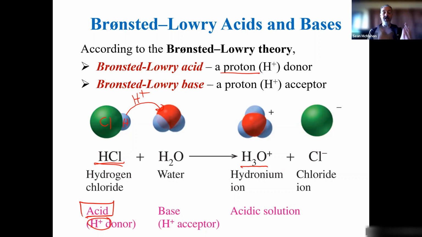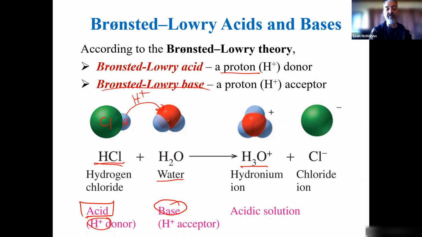But according to the Bronsted-Lowry definition, even though there's no dissociation giving me a hydroxide, like Arrhenius bases, the Bronsted-Lowry base simply has to accept the proton. So in this case, water is behaving as a base because it accepts a proton.